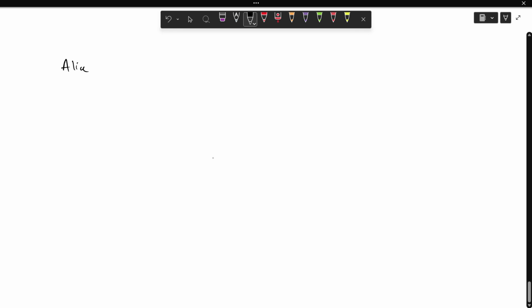Alice wants to maximize the score while Bob wants to minimize it. Let's define the score in a different way than the problem states, or in a similar way but an easier way.